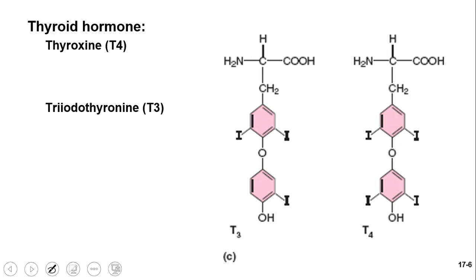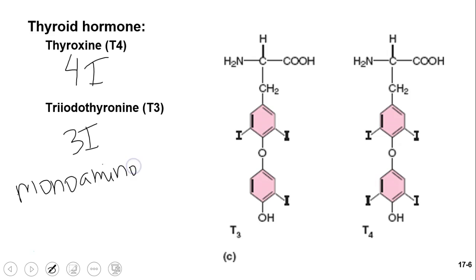So let's have a look here. Notice the difference between T4 and T3 is the number of iodine. T4 has 4 iodine, right? And T3 has 3 iodine. This type of hormone is what we call a monoamine, meaning that it's derived from a single amino acid, and in this case it's tyrosine.